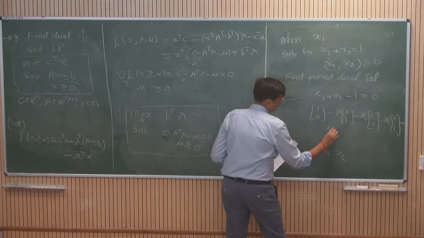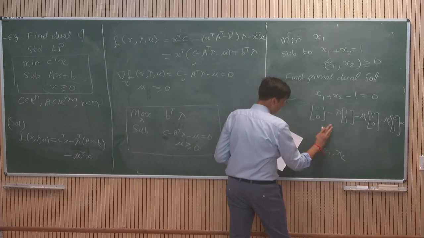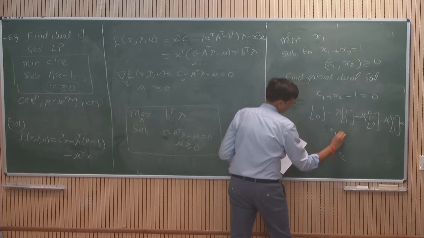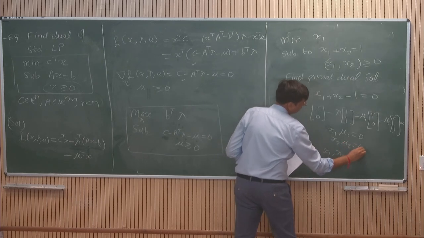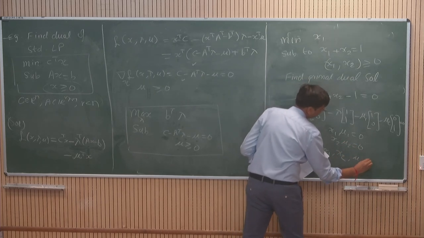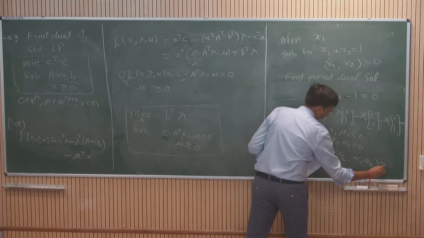Then you had x1 mu1 equal to 0, x2 mu2 equal to 0, and you had mu1 and mu2 greater than or equal to 0.